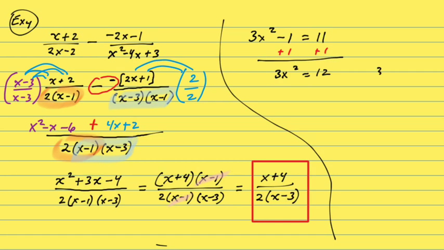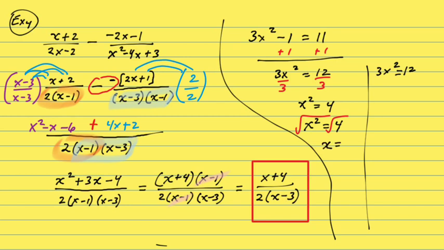I'm going to write that twice because I'm going to do it two different ways. 3x squared equals 12. Anyway, opposite of multiplying by 3 is to divide by 3. That gives me x squared equals 4. What's the inverse or opposite of squaring? Square rooting. That's why they're on the same key on your calculator.